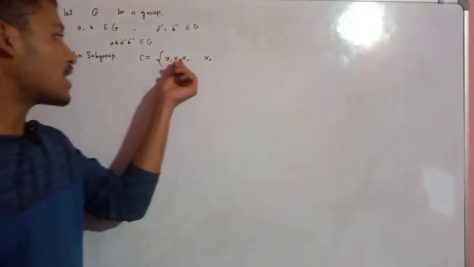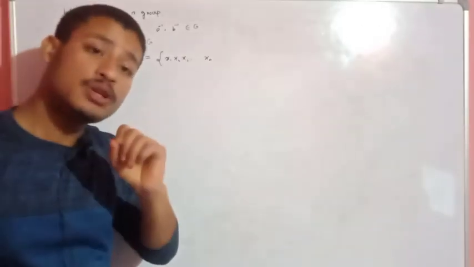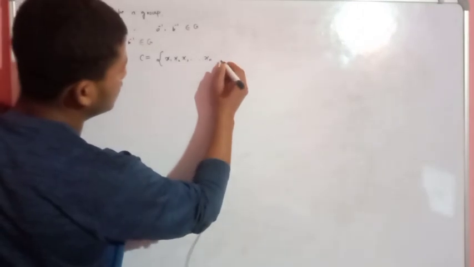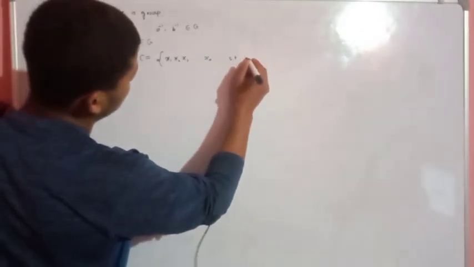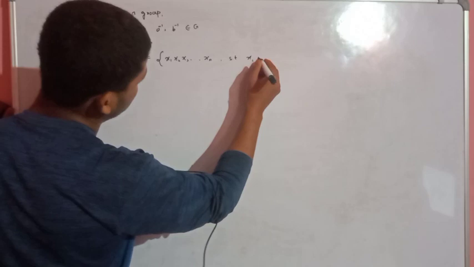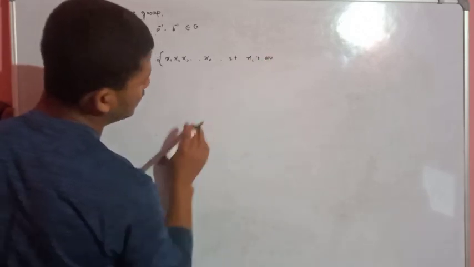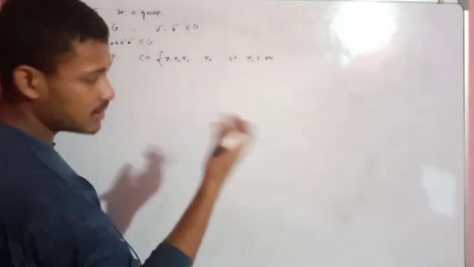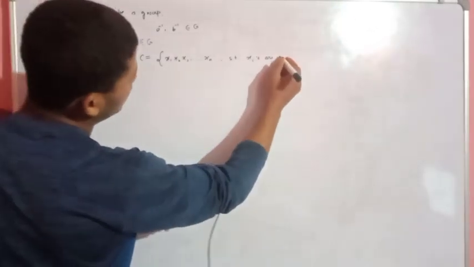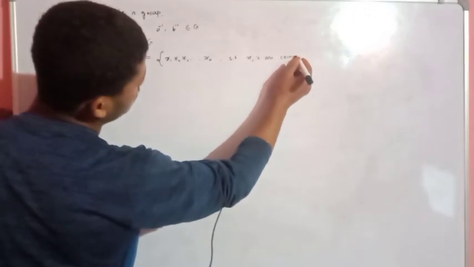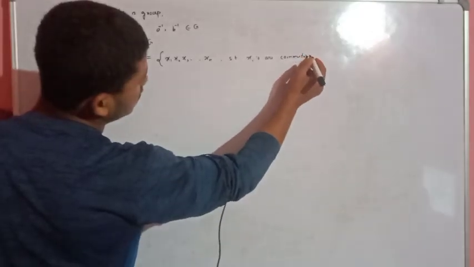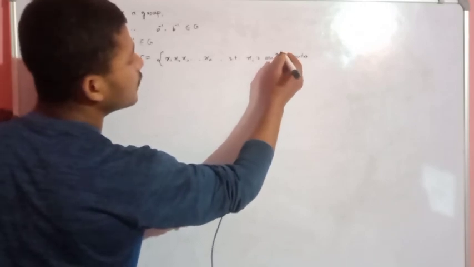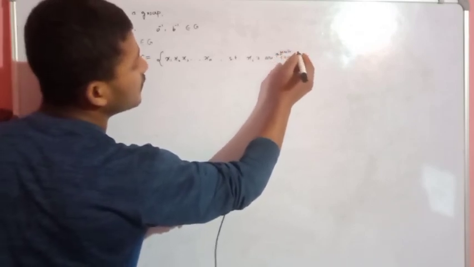This is the product of n finitely many commutators, such that the xi's, that is x1, x2, up to xn, are a finite number of commutators.